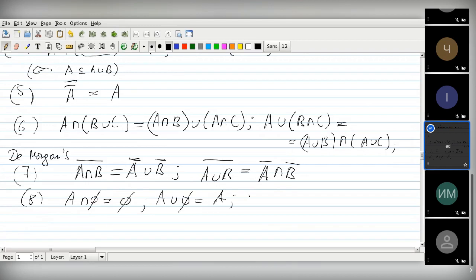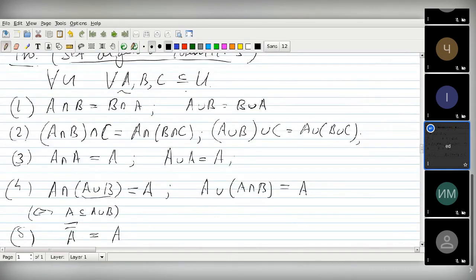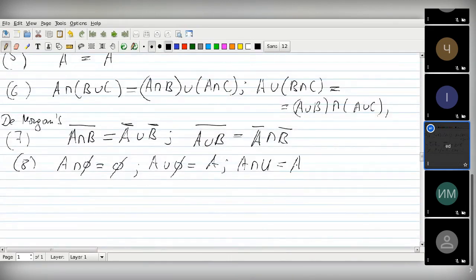That's A. If you intersect A with the universe, you know A is a subset of the universe. Hence, it would be just A. If you take the union with the universe, you will obtain the universe itself. The complement of the empty set is the whole universe. The complement of the universe is empty.